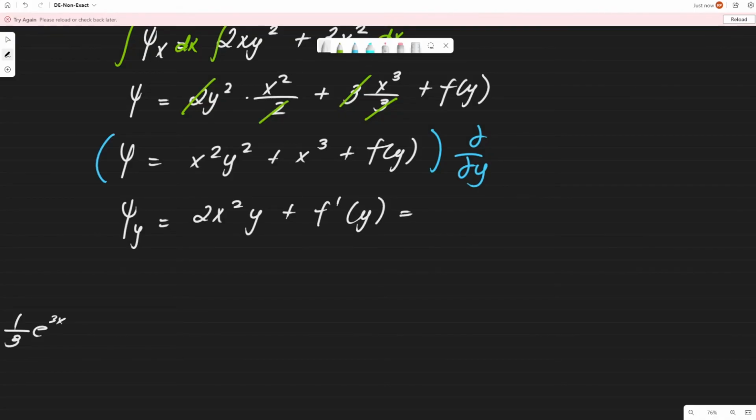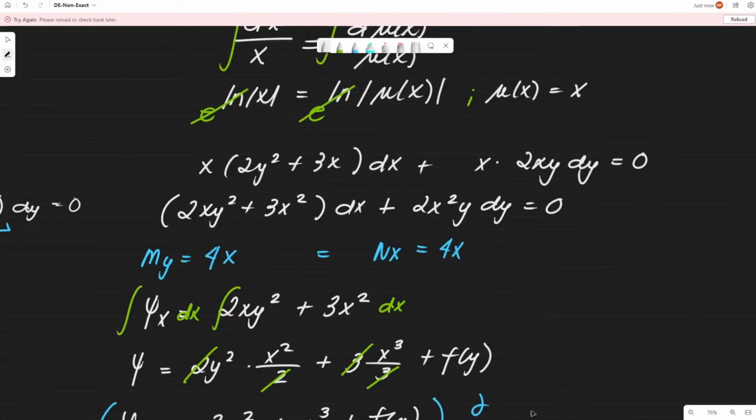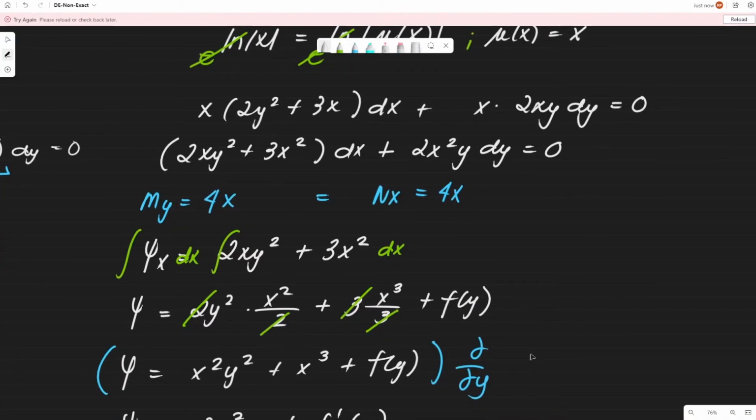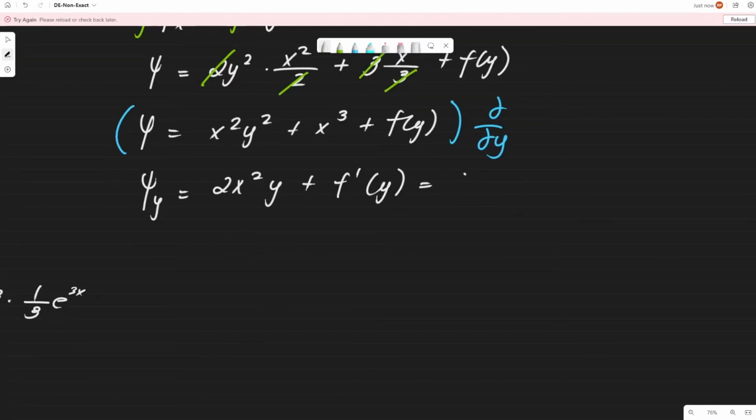This is equal to our N, which is 2x squared y. It's the same, so they cancel, and our f prime of y is equal to 0. Getting the antiderivative, we arrive at f of y is equal to c.